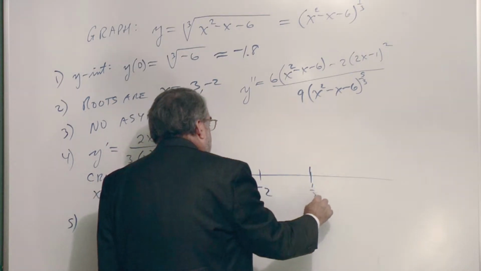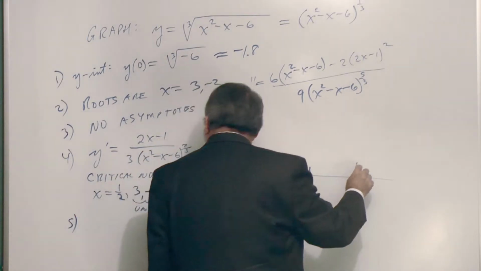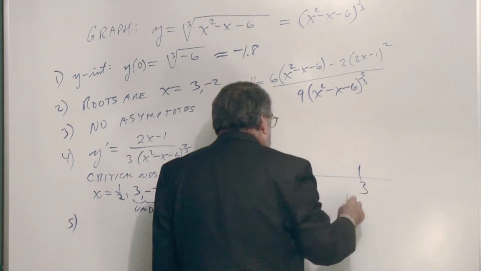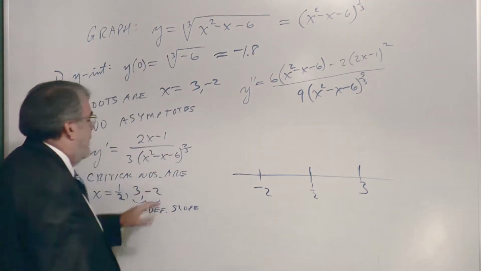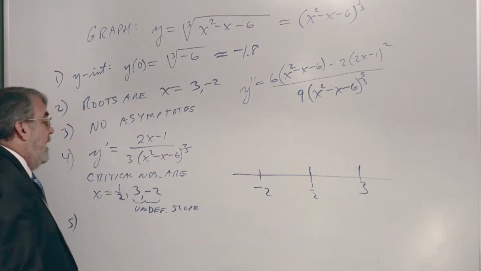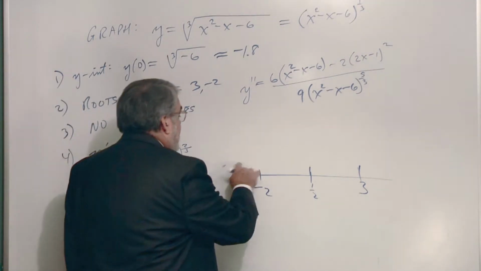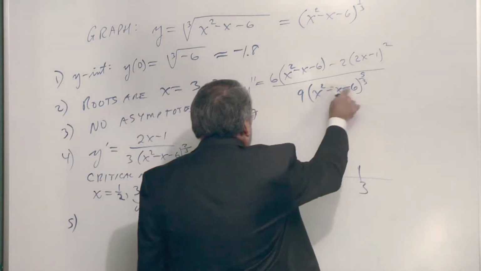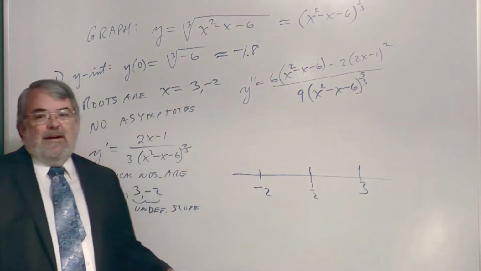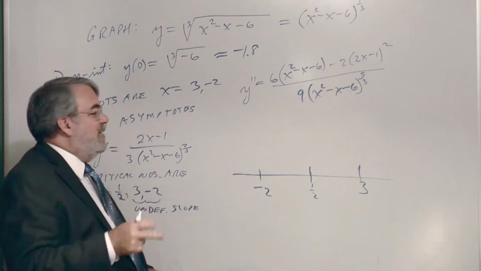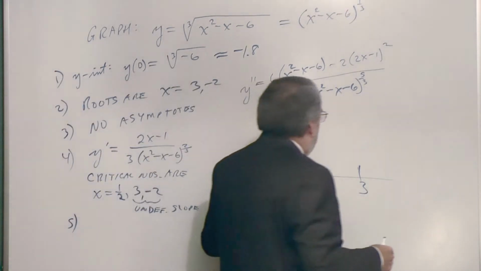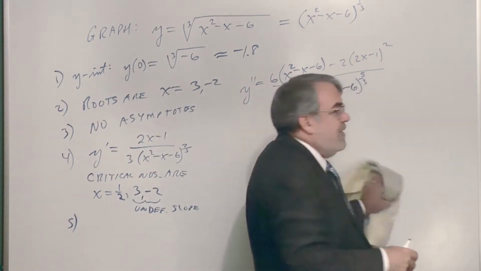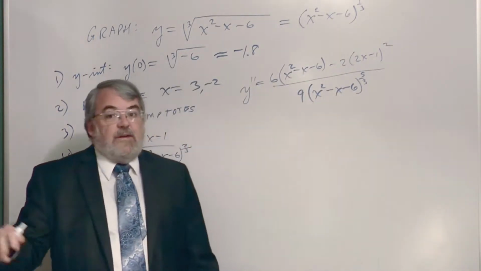We'll have these numbers. Now we might have to add some more up here. This is 3. Alright, so already these 3 critical numbers divide this up. And so we'll have to check the second derivative on either side here. So I'm not going to worry about that denominator ever equaling 0 for the second derivative. Could it cause a change of concavity when you cross it? Yes, I think it could.